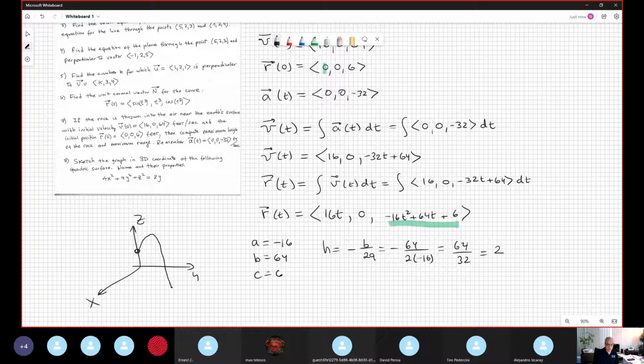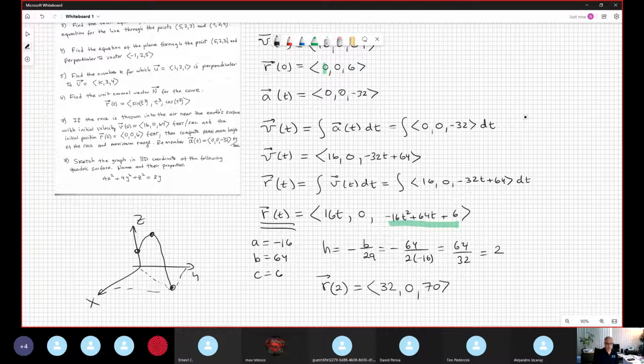The important points for us are this point, which is the maximum height, and this point, which is the range. And we compute this time. Okay, this is 2 seconds because it's the time. If you want to plug it in, the position vector at 2 seconds is: 32, because it's 16 times 2, 0, comma, and 7.